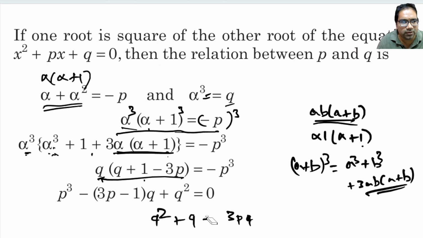Or we can write this as q square plus q into 1 minus 3p. This is equal to minus p cube.